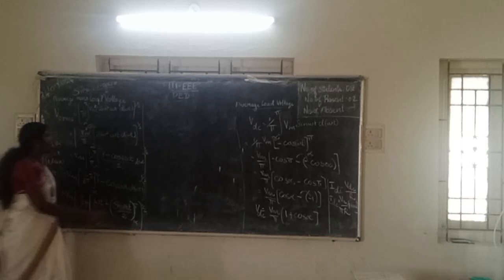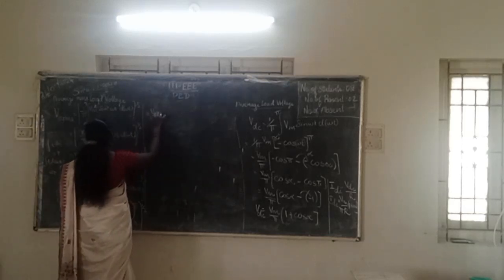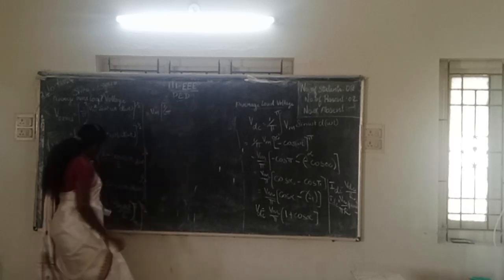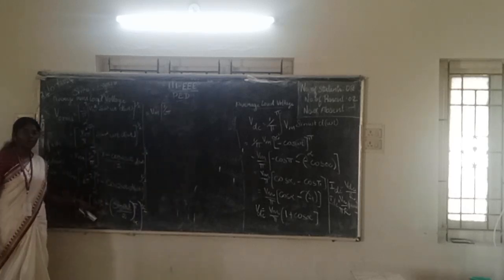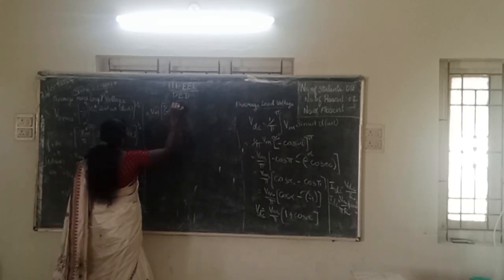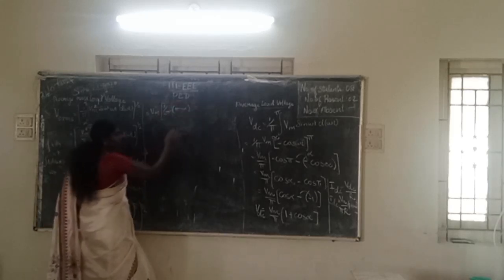Clear? So now Vm into 1 by 2 pi. The first term, upper limit minus lower limit, will become pi minus alpha.